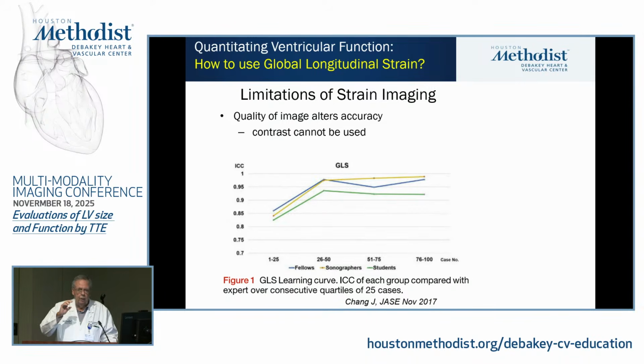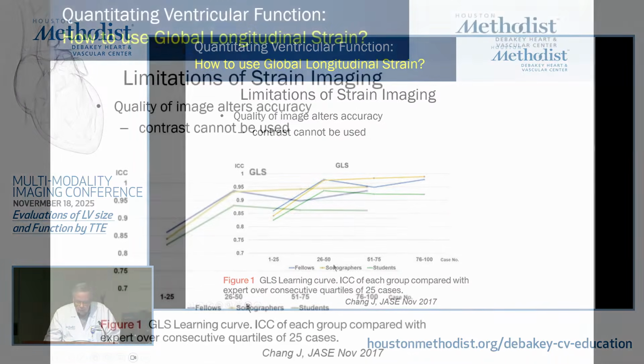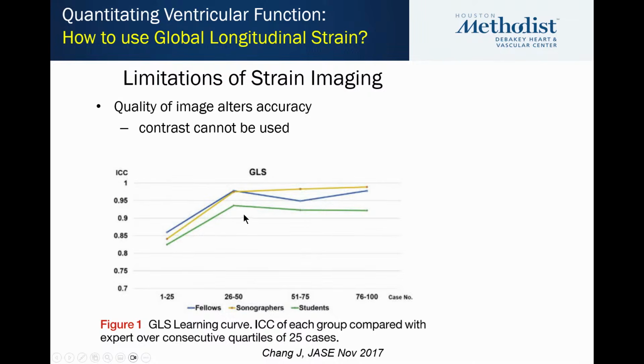Some of the equipment, as you know, when you do the tracking, gives you like a band that covers the entire myocardium, and that might make it a little easier for you all to know that you are in the right spot. This was an important study that was done, which basically, both for fellows and sonographers, took somewhere between 26 to 50 studies to get values that were consistent, reproducible, and similar to what an expert would get.